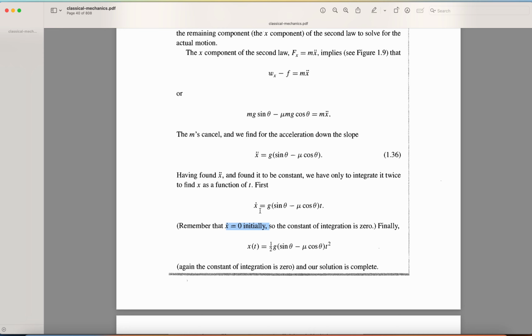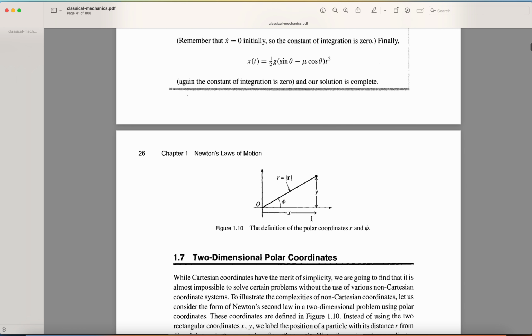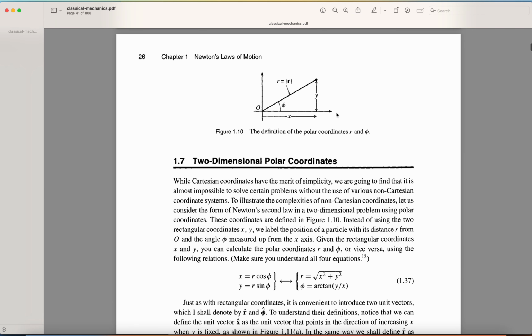Okay, that's why you're able to say it's equal to this times t, because the initial velocity is 0. And since the original position is 0, you can do this without adding another constant. Oh, okay, and you just plug in t. Okay, that makes much more sense.